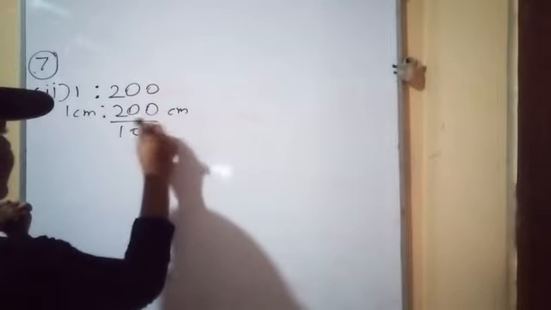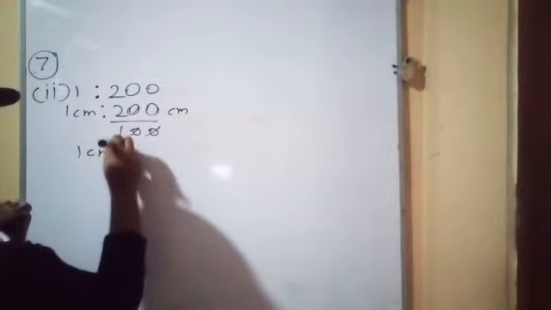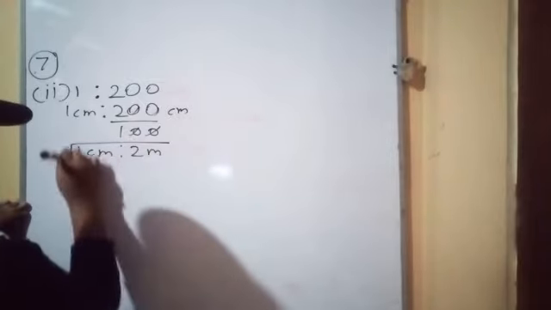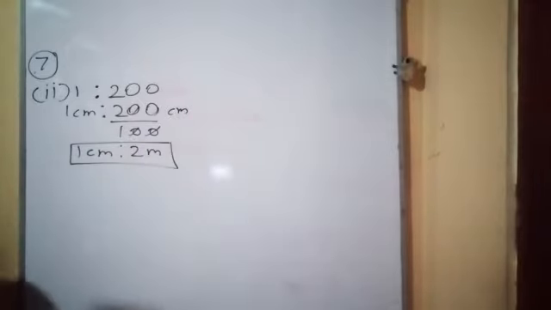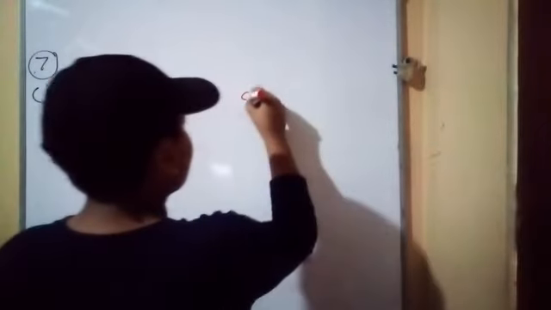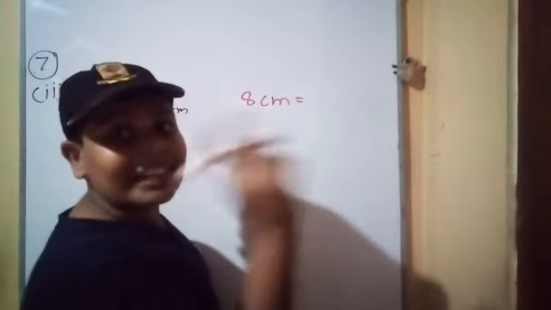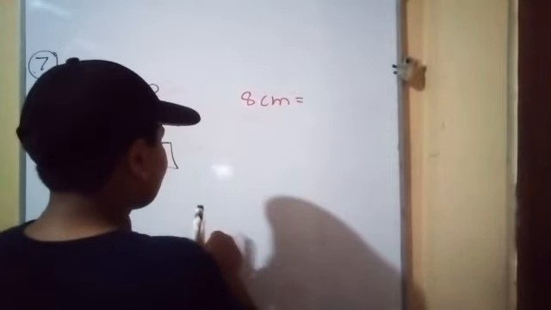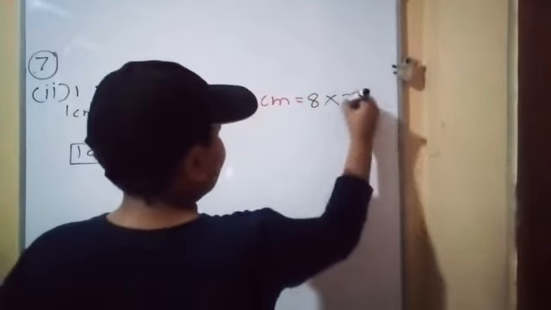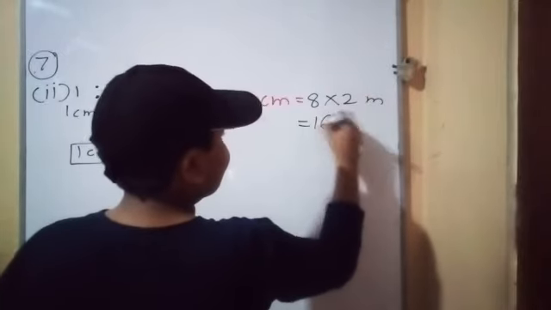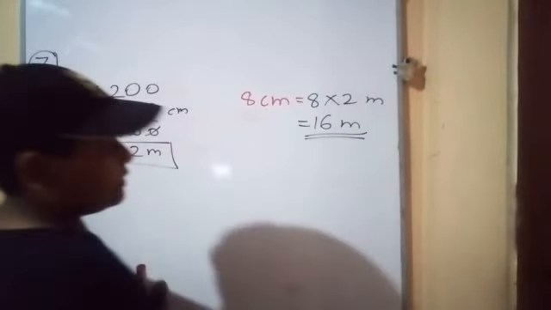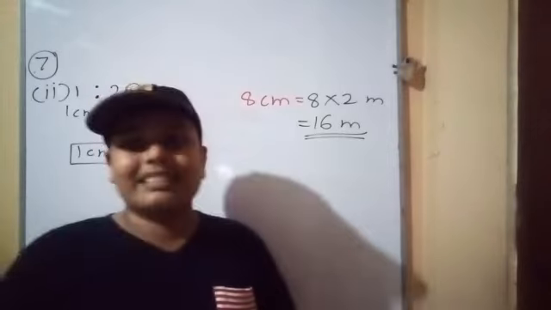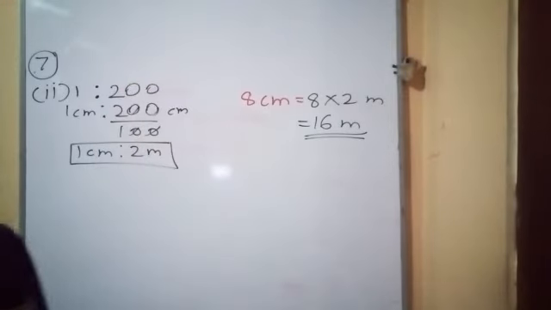Divide this by 100, that means 1 centimeter means 2 meters. So 8 centimeters means 8 multiplied by 2 meters. What is the answer? 16 meters. Now the actual length is 16 meters.